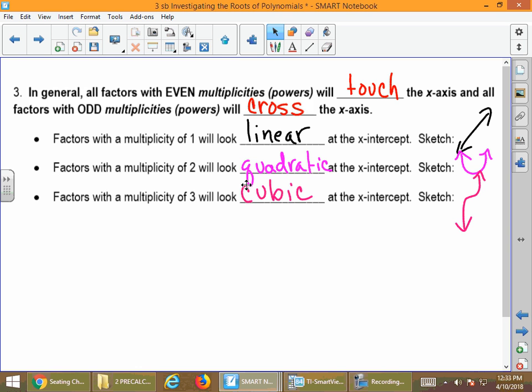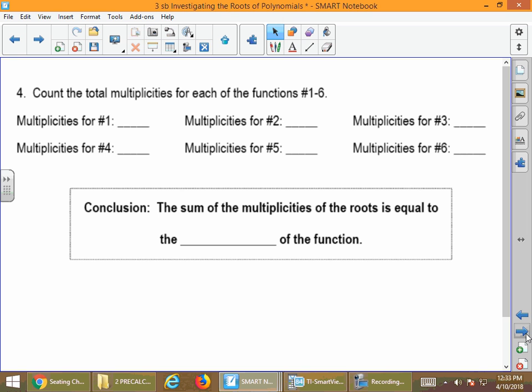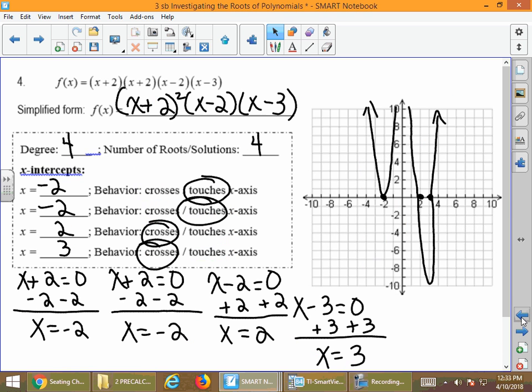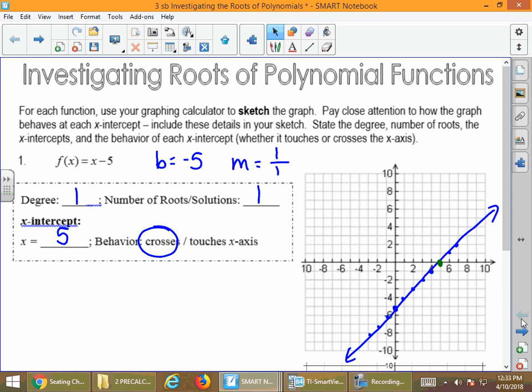And as we get close to finishing, count the total number of multiplicities for each of the functions in 1 through 6. So I've kind of given it away. But if we scroll back here to number 1, our multiplicity is simply the degree of this function, which is 1.